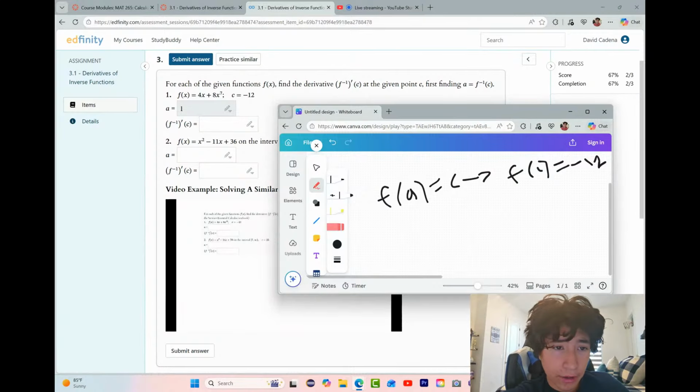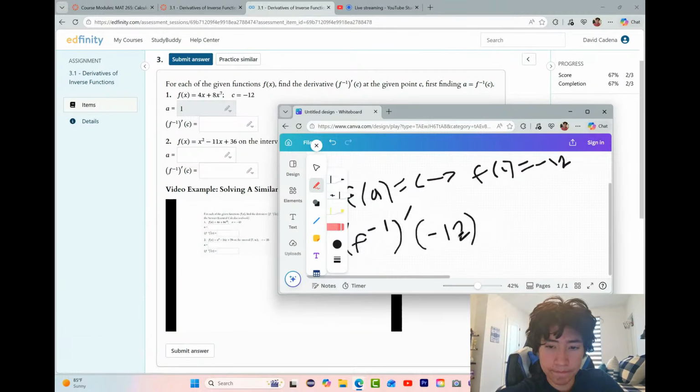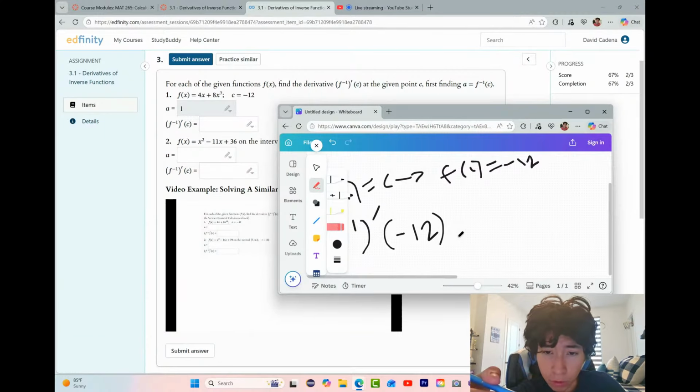So now we need to find f inverse prime of c. So that's f inverse prime of negative 12. Here, let's write this down neater. F inverse prime of negative 12.